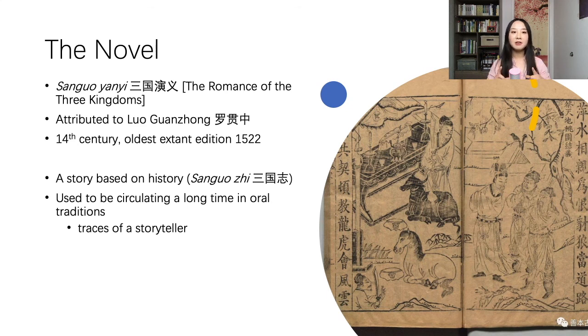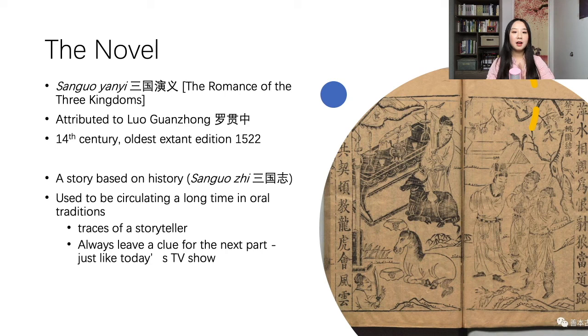So actually nowadays, even in the written edition, in the novel we are going to read, we'll see traces of a storyteller. Sometimes they'll say, now let's wait until the next time, or audience, please listen, now I'm telling you about this character. So these traces of a storyteller are everywhere in this novel.